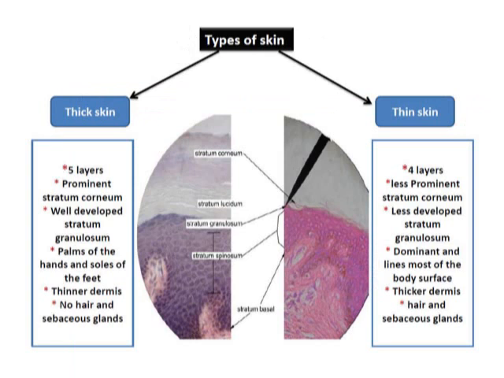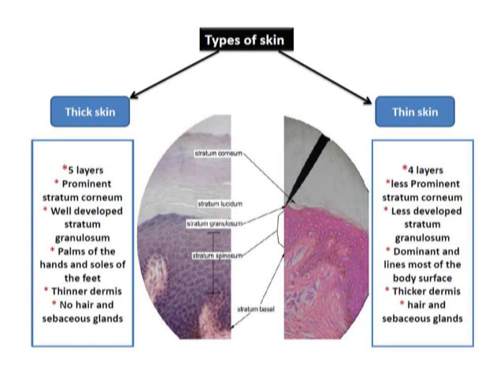Now coming to the types of skin, we have thick skin as well as thin skin. Thick skin has 5 layers prominent, that are stratum corneum, stratum granulosum, stratum lucidum, stratum spinosum and stratum basilae, whereas thin skin contains 4 layers only.